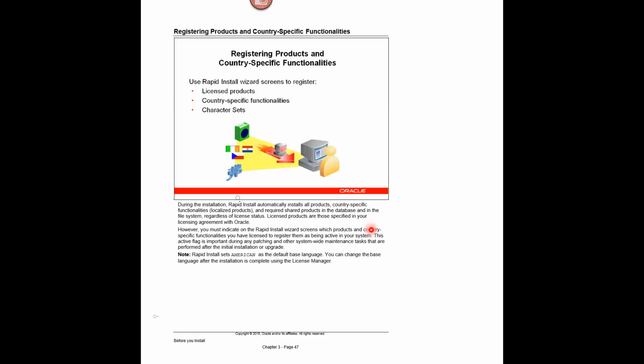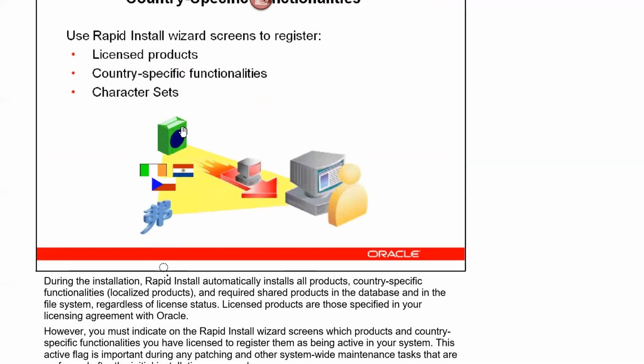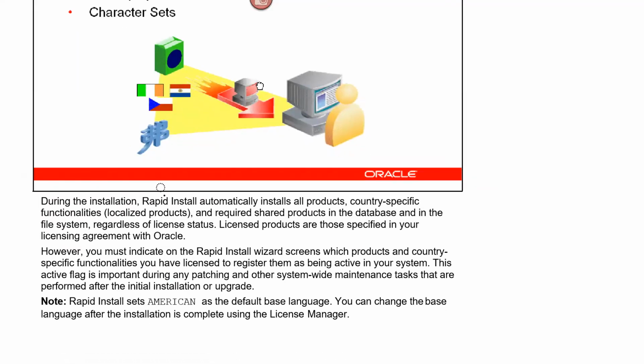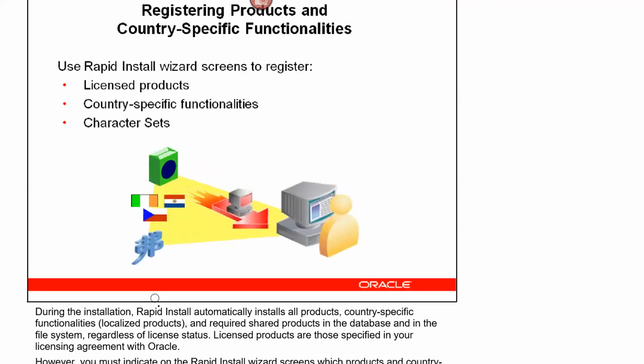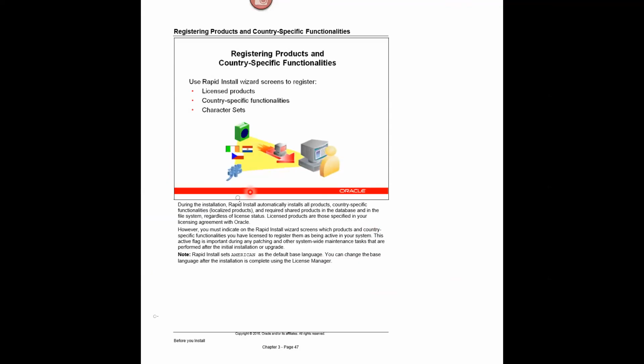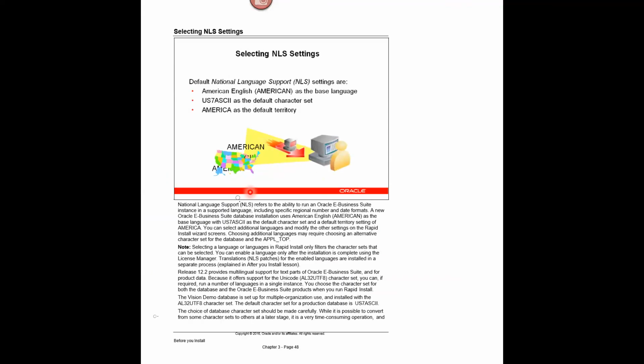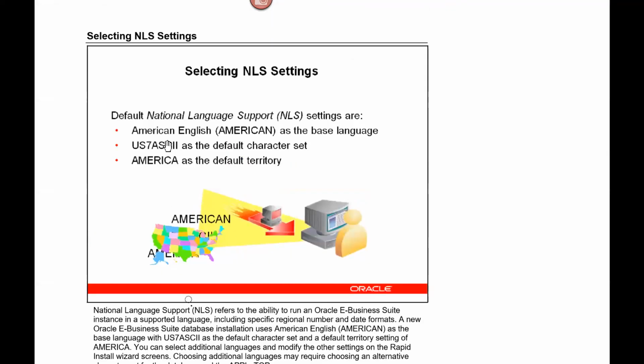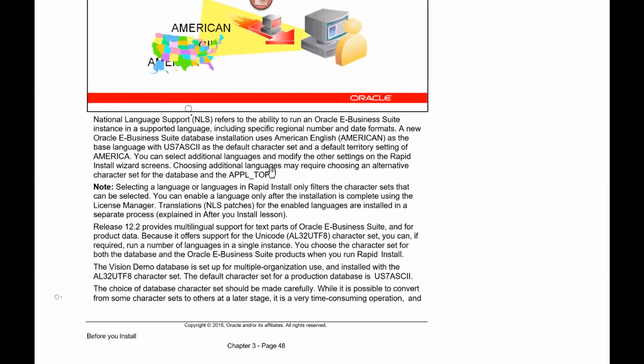Then it will ask for the licensing products, country specific functionality, and character set, which we selected. Then the NLS language: we have selected American English as the base language, US7ASCII as the default character set, and America as the default territory. This is what we have selected.